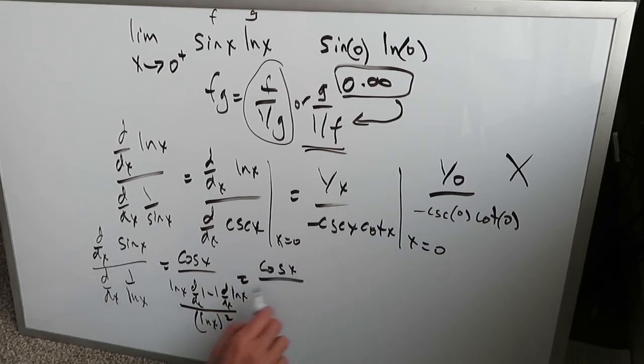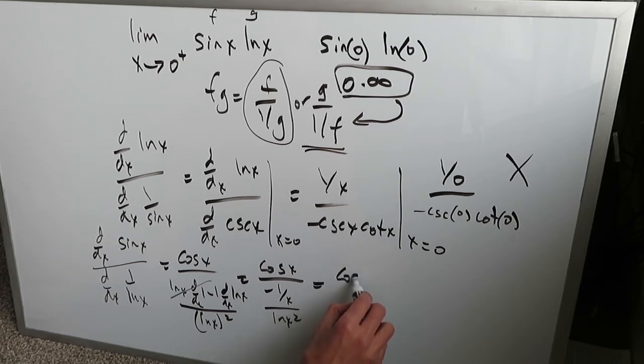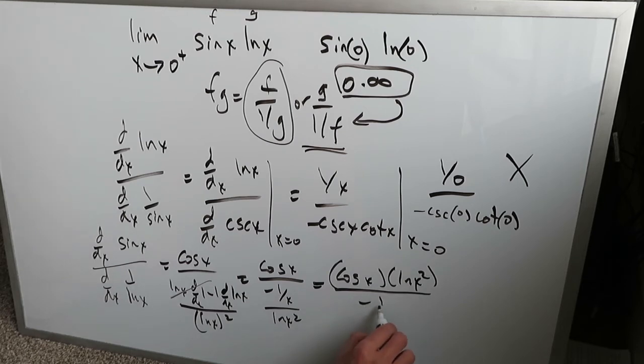What do we get? Cosine x over, this 0 is out because the derivative of 1 is 0. You essentially get here a minus 1 over x divided by natural log x squared. You can flip everything around. You get cosine x times natural log x squared divided by minus 1 over x.